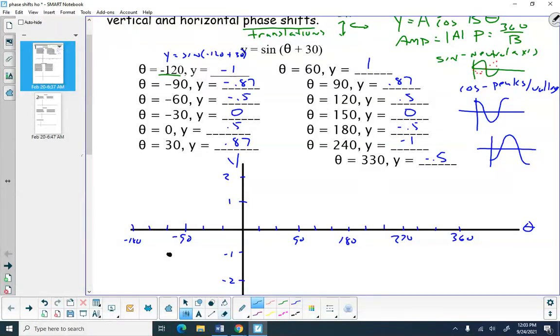The sine of -90 is 0.87. -60, 0.5. -30, we're at 0. At 0, we are at 0.5. At 30, we're at 0.87. At 60, we're at 1.